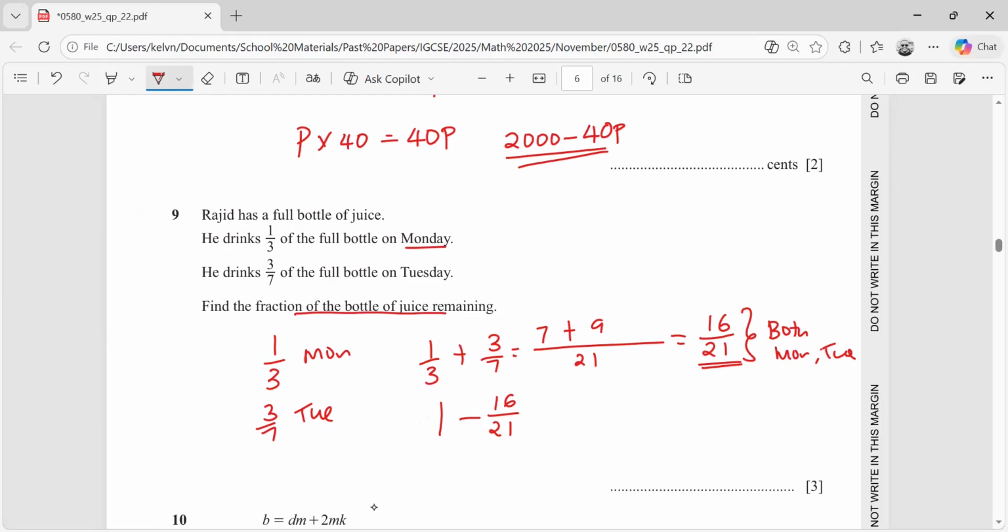I can just put this over 1, and then I'll have an LCM of 21. This will be 21 minus 16. This gives me 5/21. So you can say the amount of milk remaining in the bottle, sorry, it's juice, not milk, sorry. It's 5/21. So in terms of a fraction, that's the amount of juice remaining in the bottle.